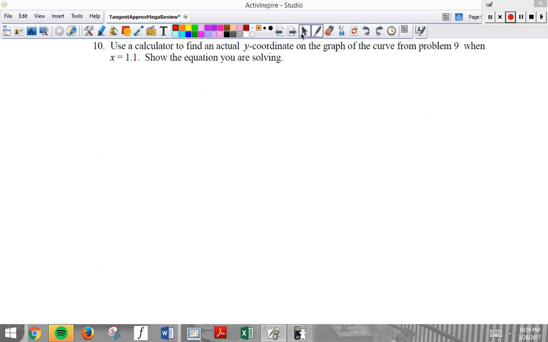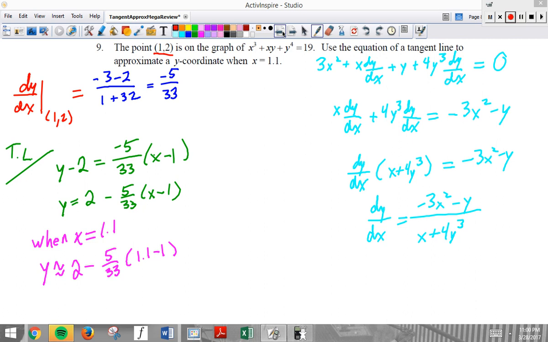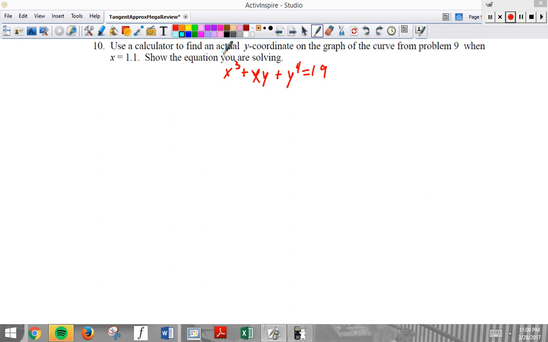So, I'm just going to start by copying this equation down. Check that it's right. Alright, when x is 1.1, we get 1.1 cubed plus 1.1 times y plus y to the 4th equals 19.